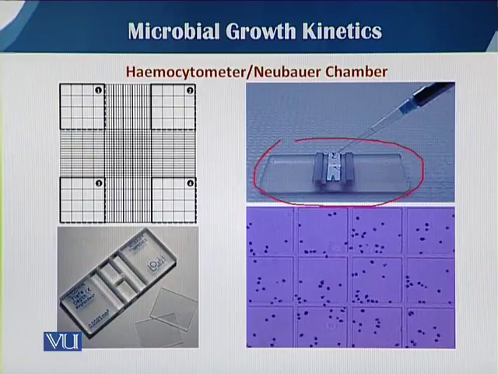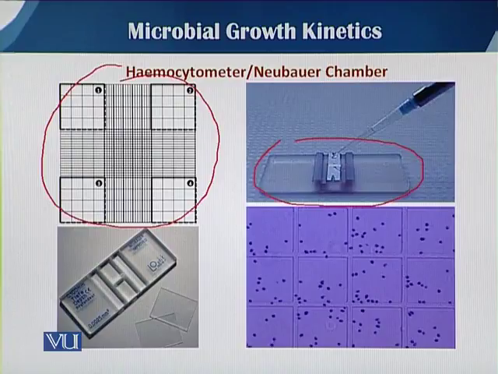A hemocytometer is basically a glass slide in which standard cavities are formed. You can see in this slide there are different boxes: small box, medium box, and large box.